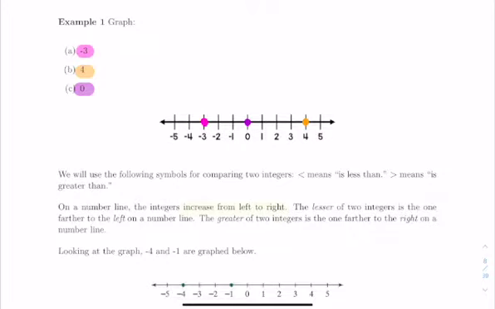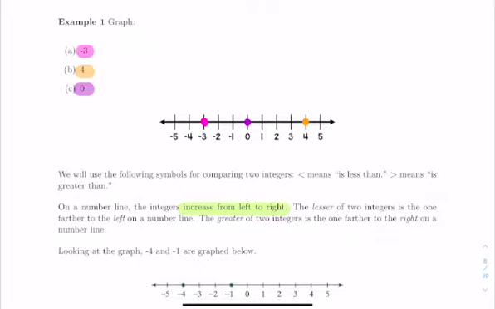We will use the following symbols for comparing two integers. The arrow opening to the right means is less than, and the arrow pointing to the left means is greater than. On a number line, the integers increase from left to right. The lesser of the two integers is the one farther to the left on the number line, and the greater of the two integers is the one farther to the right.